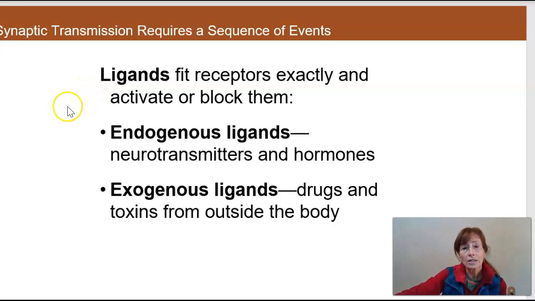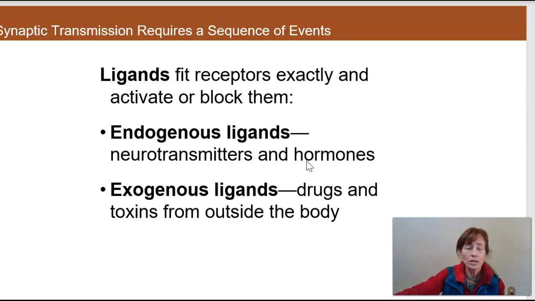So there are really two classes of ligands. One is endogenous. Endo means within, and gen, think about Genesis, means it's made. So endogenous ligands are ones that are made by the body. Our body makes them. Neurotransmitters can be endogenous ligands, or hormones can be endogenous ligands.